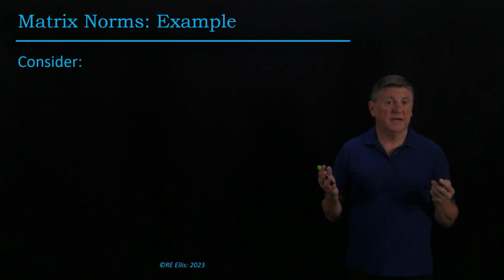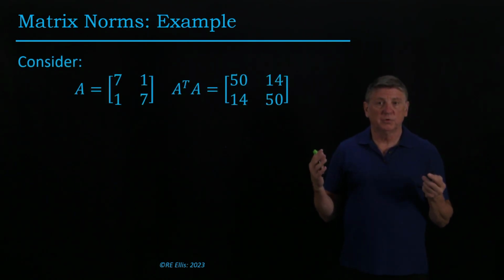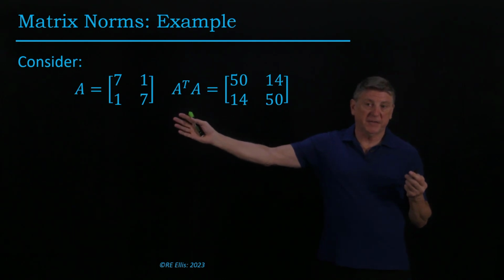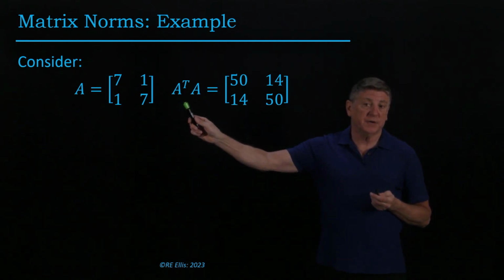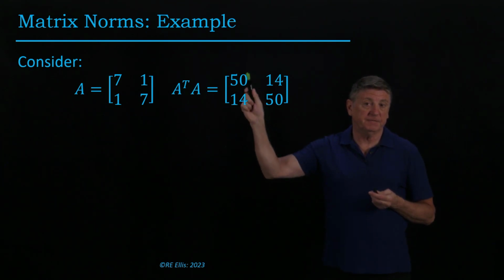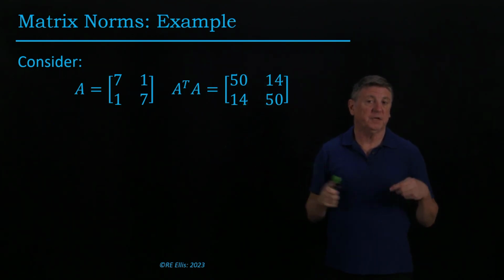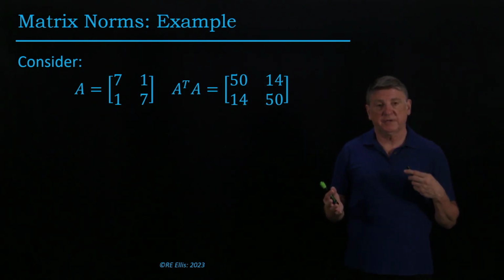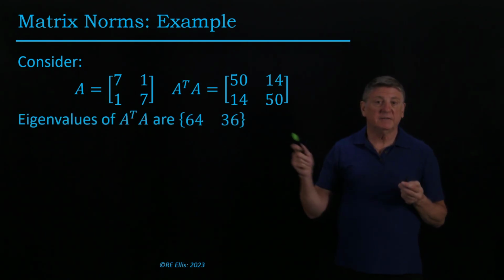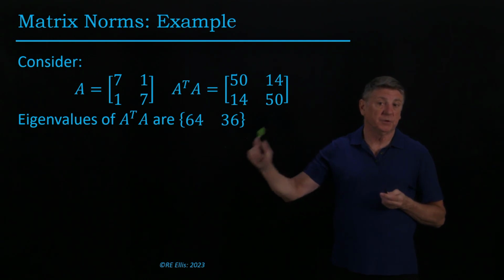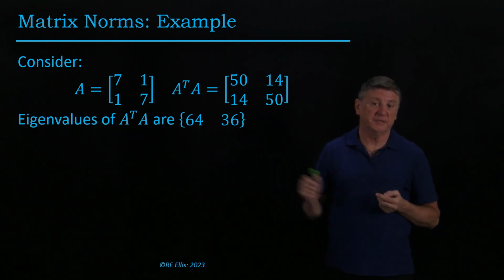Let's look at a very simple example. Suppose that we have this symmetric matrix, so 7, 1, 1, 7. When we compute A transpose times A, we get 50, 14, 14, 50, and that makes sense. Symmetric matrices produce a symmetric matrix. The eigenvalues of this can easily be computed as being 64 and 36.